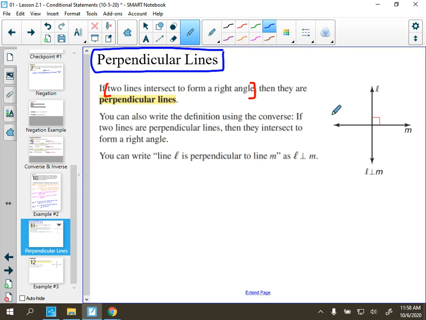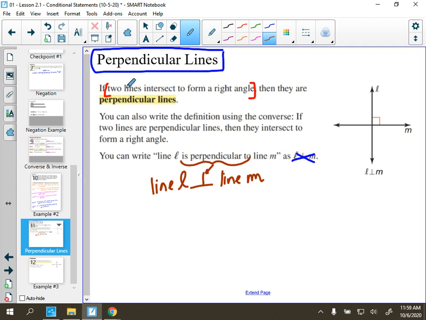What we could say is going on in the picture is that line L is perpendicular to line M, and this symbol right here means perpendicular to. So it's a nice shorthand to make note of symbol-wise.